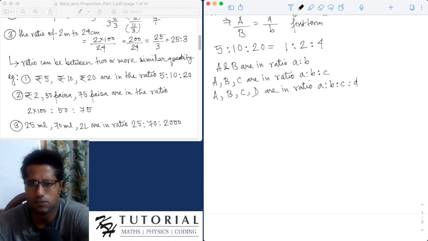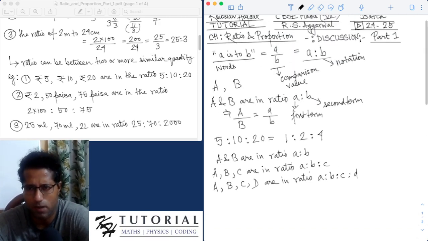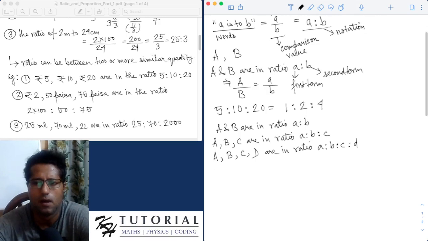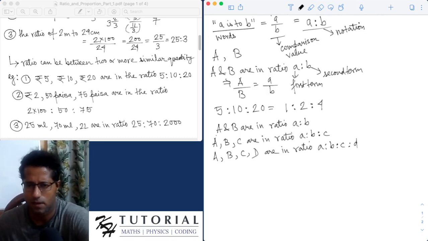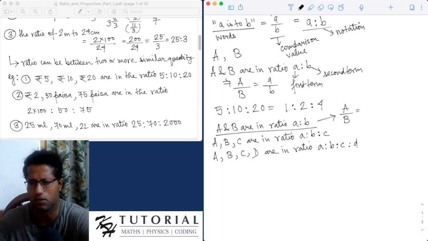Now, at this point, you must understand one thing very carefully. If A and B are in the ratio a is to b, then you know that the value of A divided by the value of B will be equal to a by b. In problems you will be given only this.